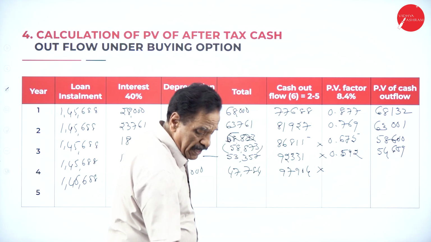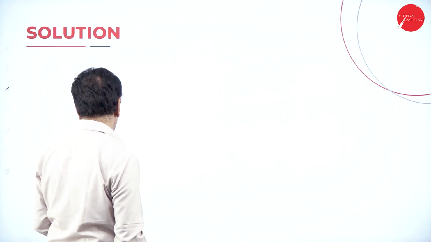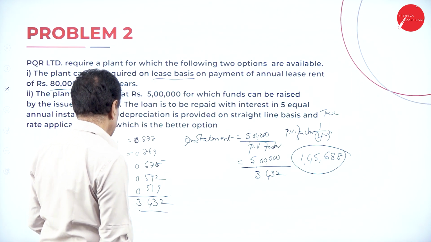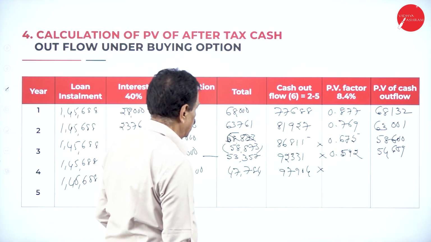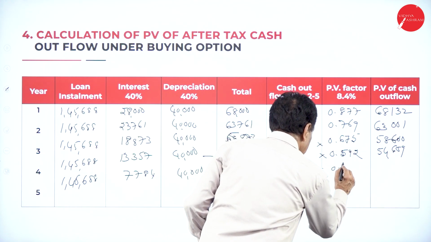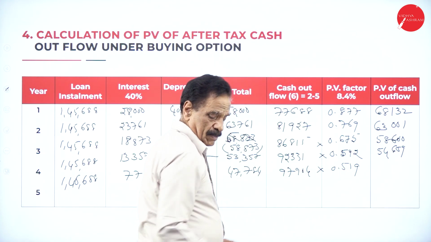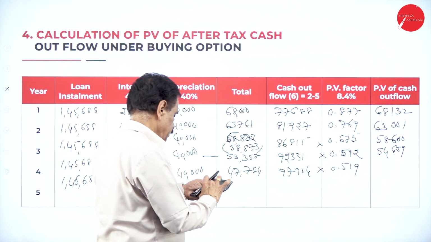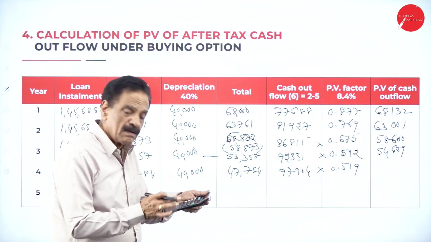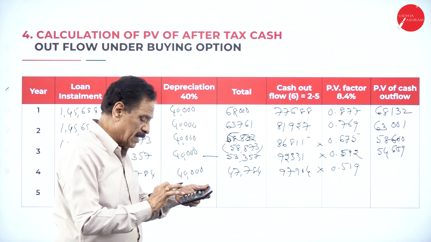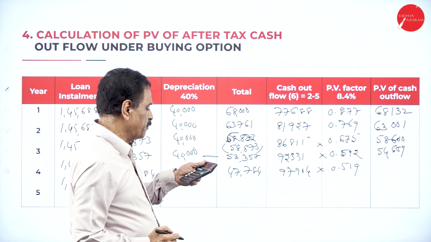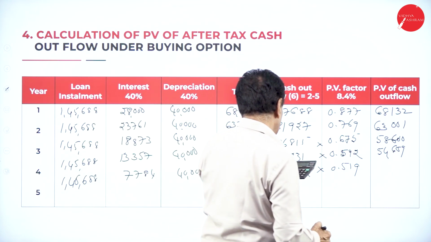Into the discount factor 0.519: 97,904 into 0.519 is 50,812.